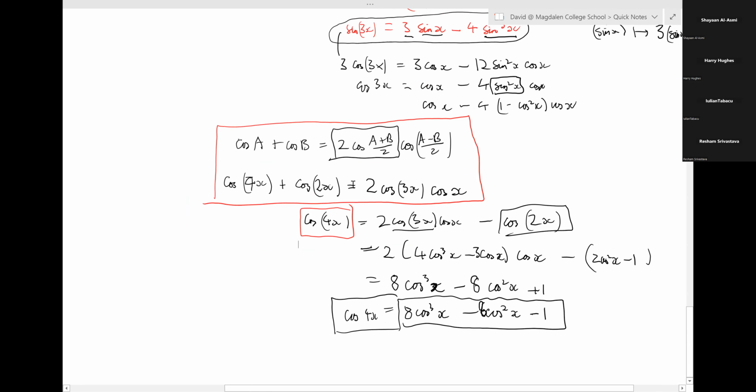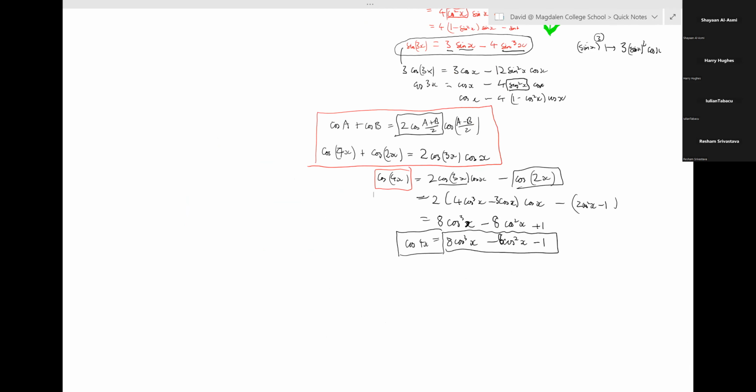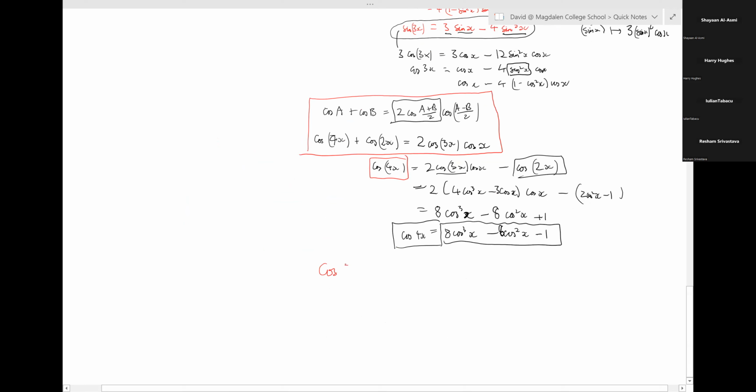Well, what I could do for cos 5x is I could write cos 5x plus cos 3x is 2 cos 4x cos x. And what I could then do is use this polynomial in cosine for my cos 4x term. And that would give me something which begins 16 cos^5 x, and then some lower order terms.